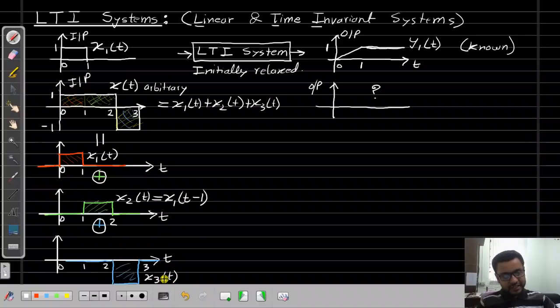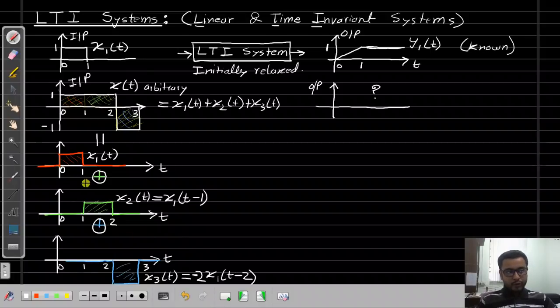Similarly, x3(t) can be written as x1(t minus 2), a 2 unit delay from here to here, and then multiplied by minus 2 because of this minus 2 amplitude.